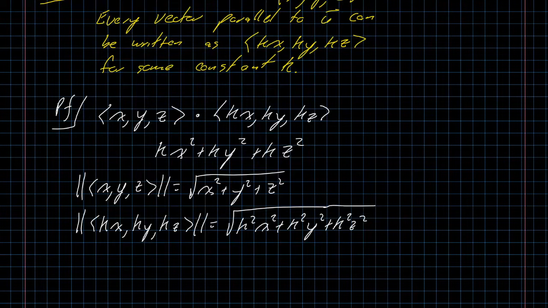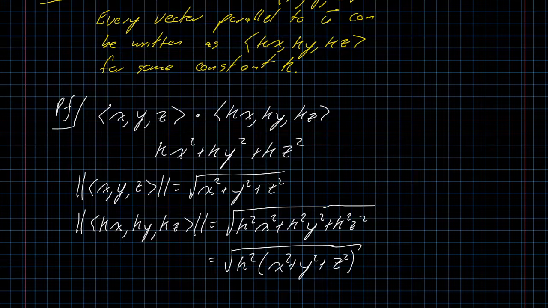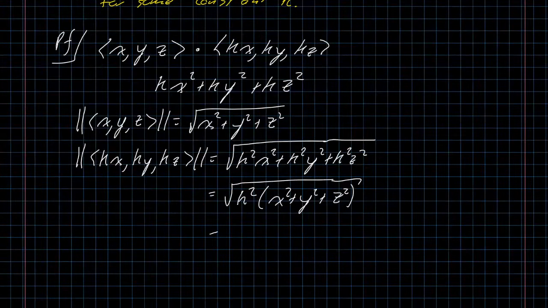And then let's play around a little bit. Notice that there's a common factor of k squared here. And I can take that k squared out of the square root and just get the absolute value of k, right? Whether k is positive or negative will change that.